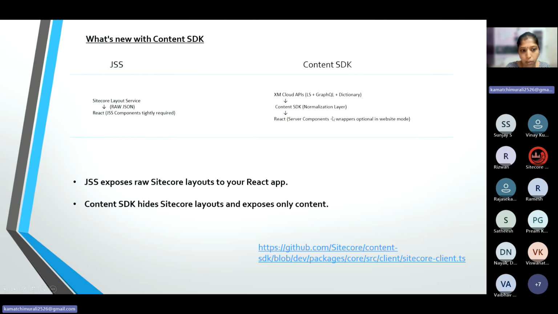But in the Content SDK world, you have XM Cloud APIs, which constitute layout services, GraphQL, and dictionary services. All these combined are called XM Cloud APIs, or Sitecore APIs, and those APIs are not directly coupled with the React layer or JSS layer. Here, JSS has been moved out and Content SDK has been brought in.